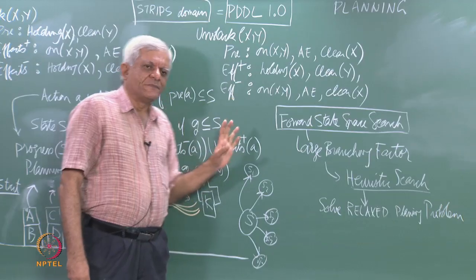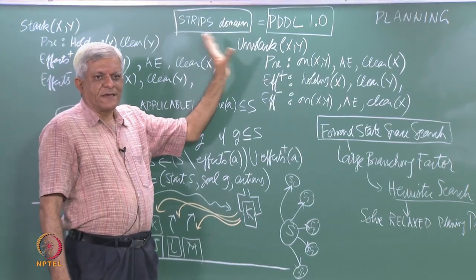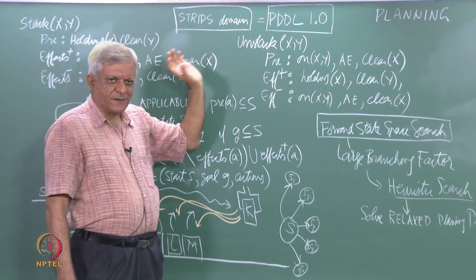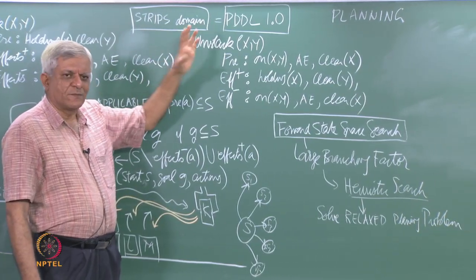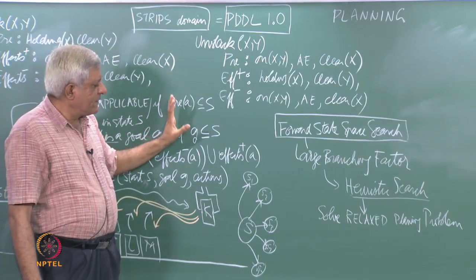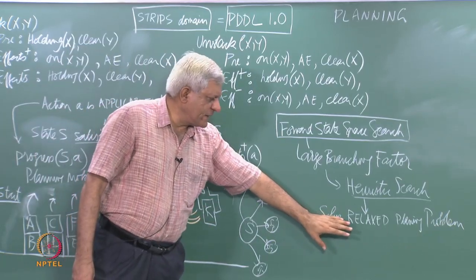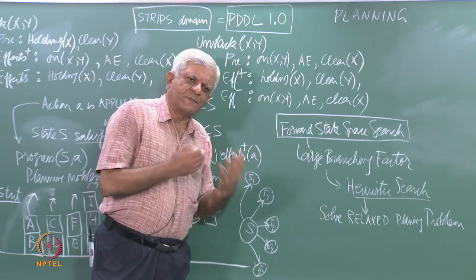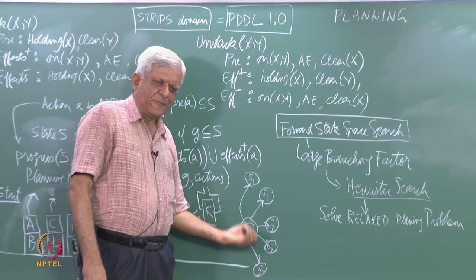Remember we had said that even in this simple domain, planning is hard. In fact, it is PSPACE complete, which means it requires polynomial space and exponential time. And here we are trying to say that we will solve a simpler problem to try to estimate which of them is closer to the goal.